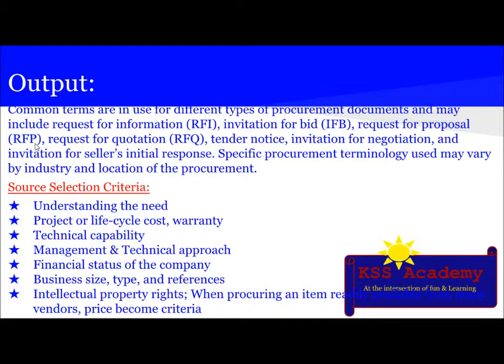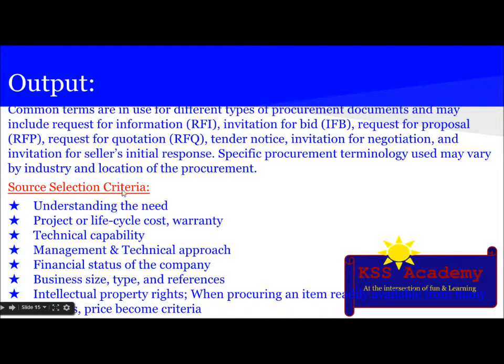RFPs result in negotiated contracts. Then a request for quotation may involve a subsequent final price quotation for a precise requirement. Requests for bids are tenders, and quoted prices are generally not binding to either party.